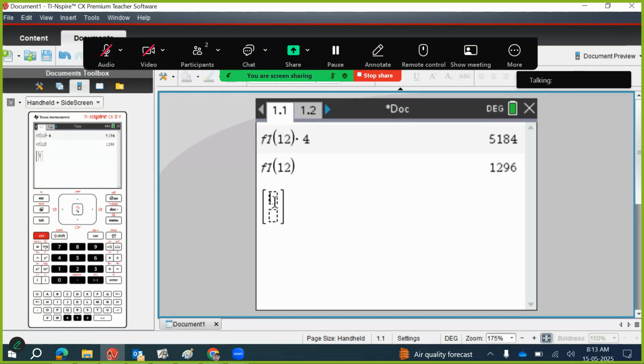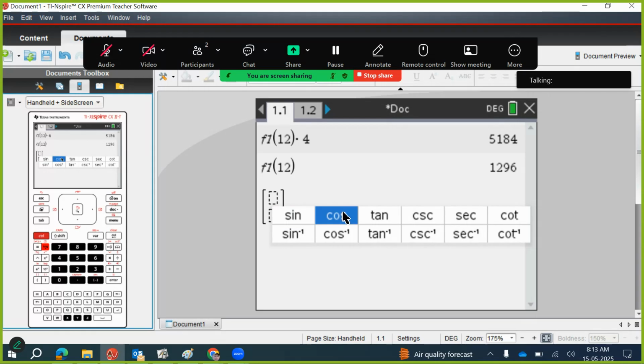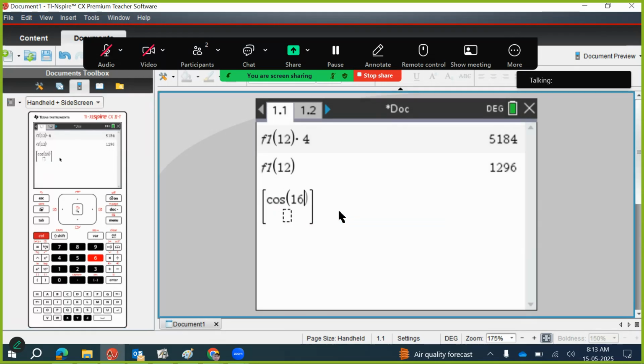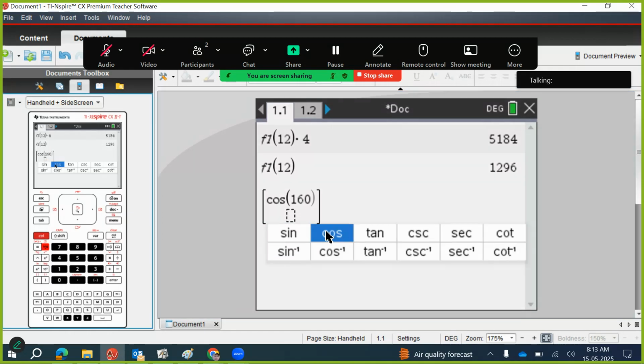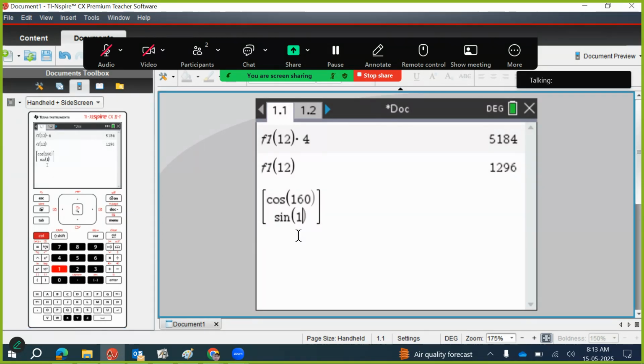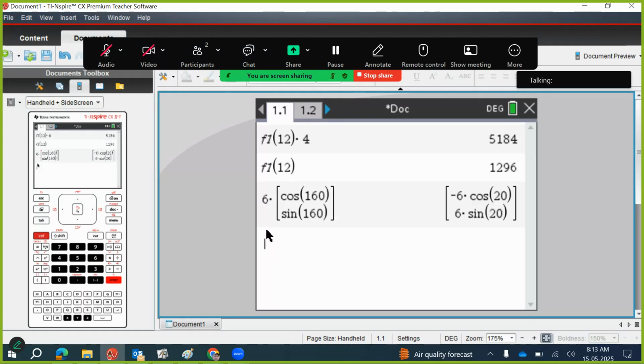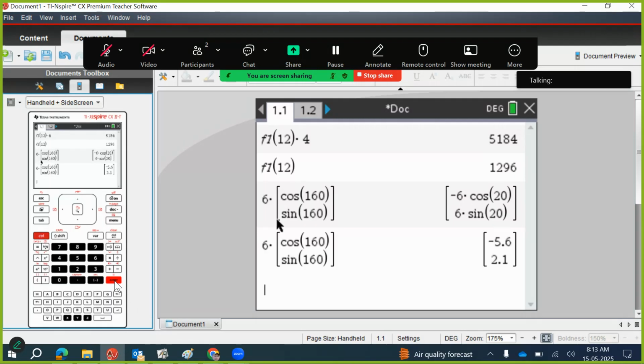Into this, we can write cosine 160. And we can write sine 160. And then times it by 6. If you get this type of an answer, just press Control Enter and you'll get a decimal answer.